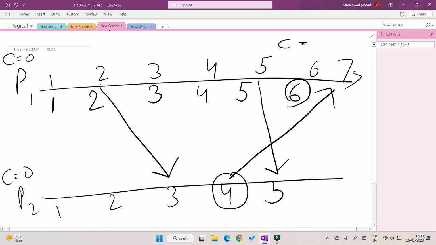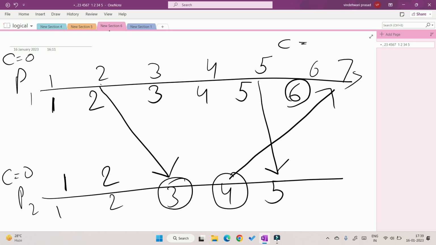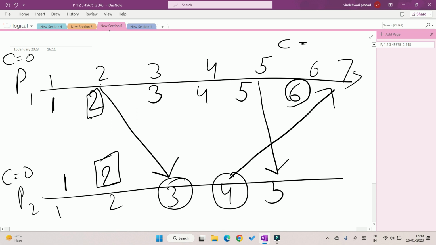So for knowing the c of this, we have to know the c of this value 4. Start with c equal to 1, c equal to 2. Here it will receive the value. So the c value of this is the maximum of these two: 2 and 2. The maximum of these two is 2, plus 1 equal to 3.